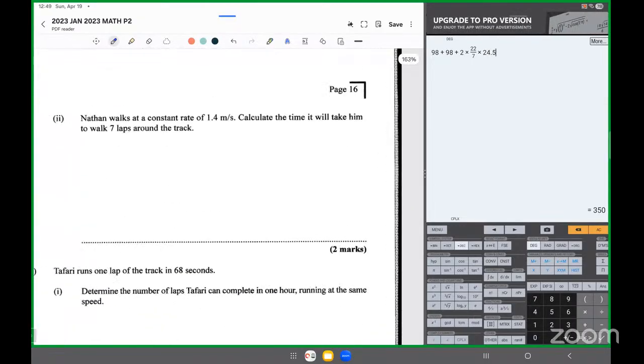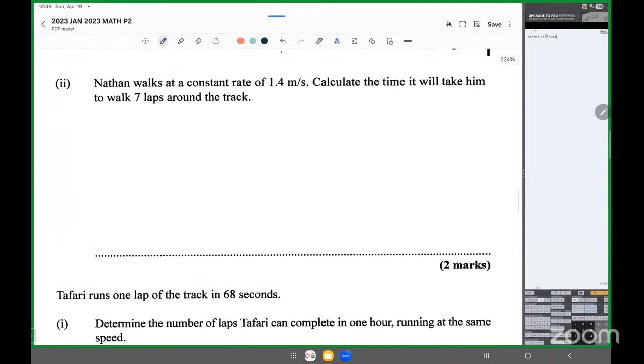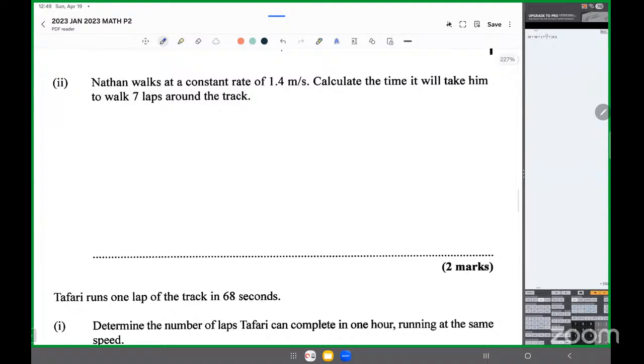The next part says Nathan walks at a constant rate of 1.4 meters per second. This is not complicated. You can use speed equals distance over time if you want, because that's a speed. But you can just recognize this as 1.4 meters each second.